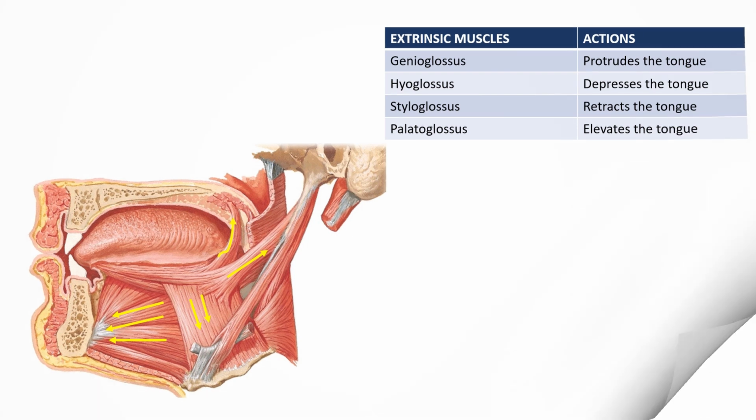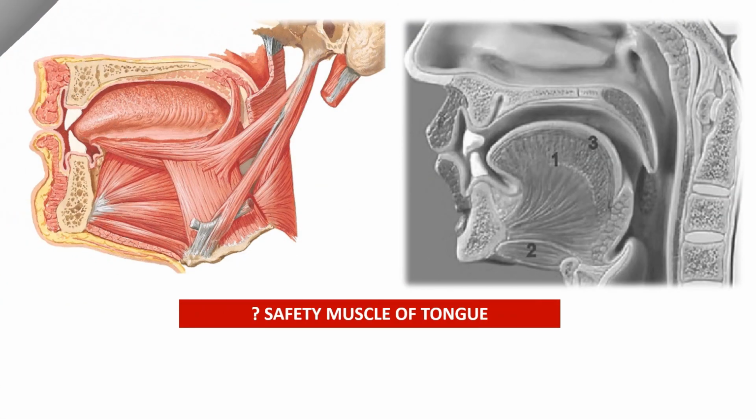Remember, again, genioglossus we called as the safety muscle of the tongue or life-saving muscle. There is a reason, because its main action is to protrude the tongue or pulling the tongue forwards. If the tongue is pulled forwards, definitely that will maintain the patency of our airway. Imagine a condition where bilateral paralysis of the genioglossus happens.